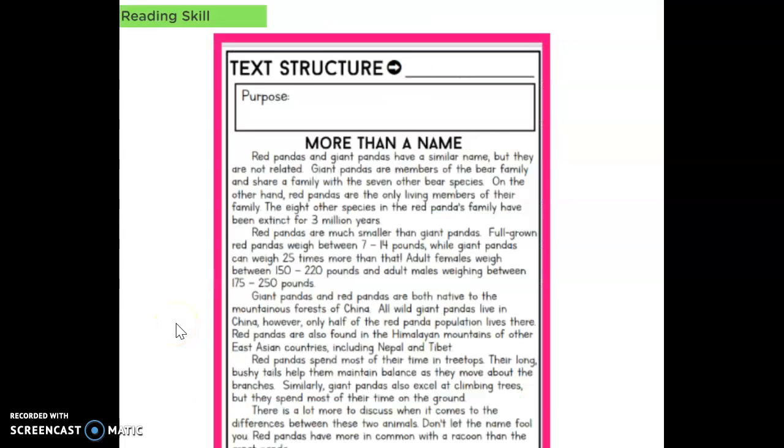Today, as we look at a compare and contrast text structure, I'd like you to follow along with me and we will highlight any clue words we see in this text. First, we will fill in the text structure. So grab your writing tool and this is compare and contrast.